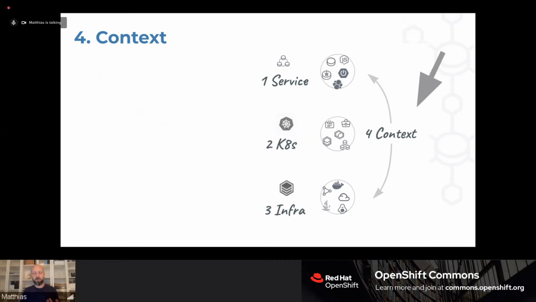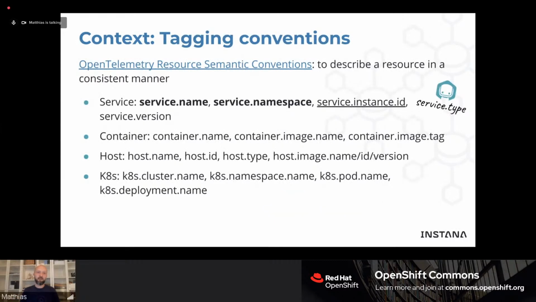When I was preparing the talk, I realized that there's a pretty good standard in the upcoming that hints at a lot of these, and that's OpenTelemetry. There are lots of things in OpenTelemetry, but something that I would like to highlight for this context is the resource semantic conventions.